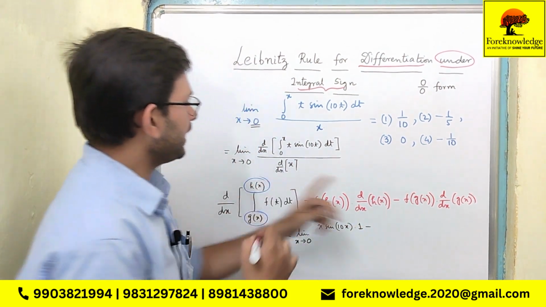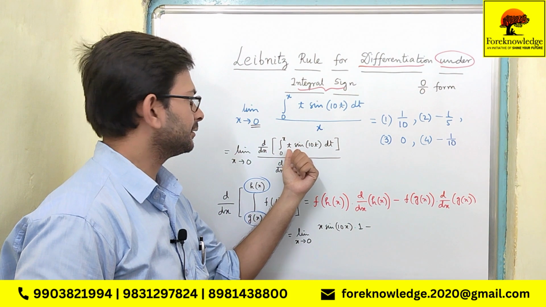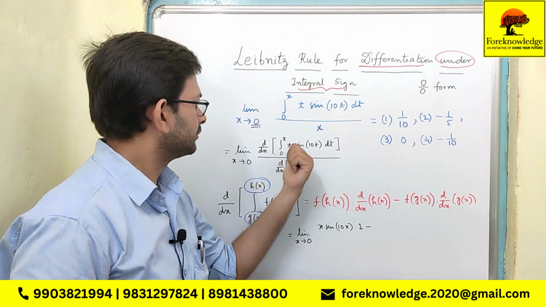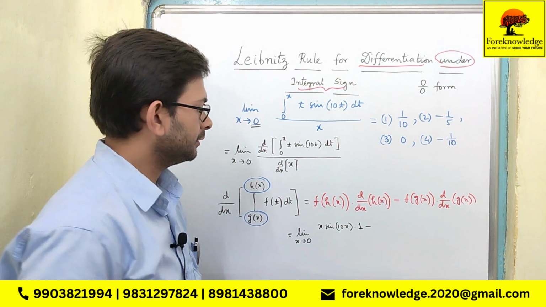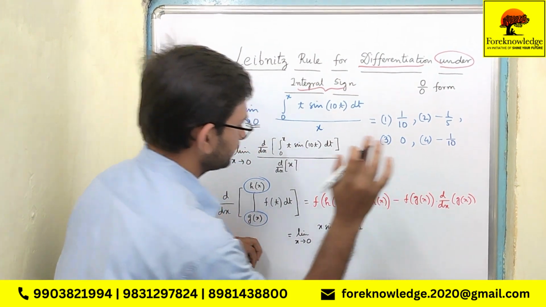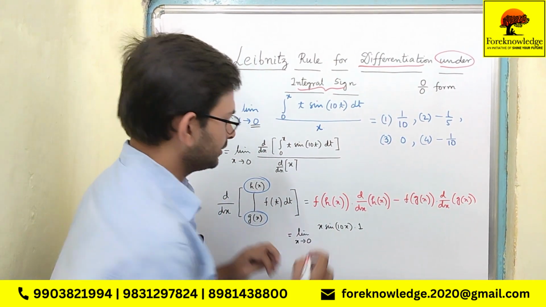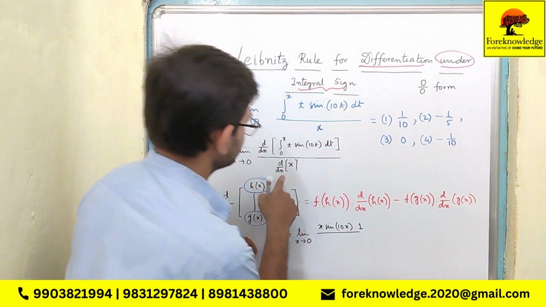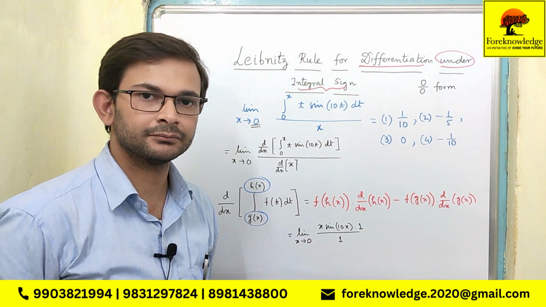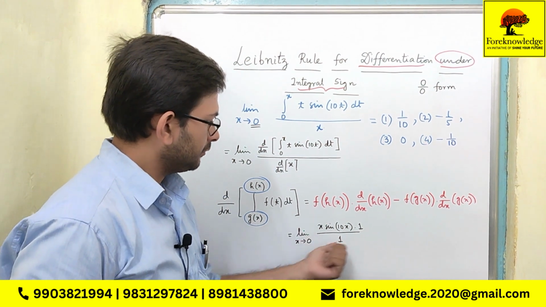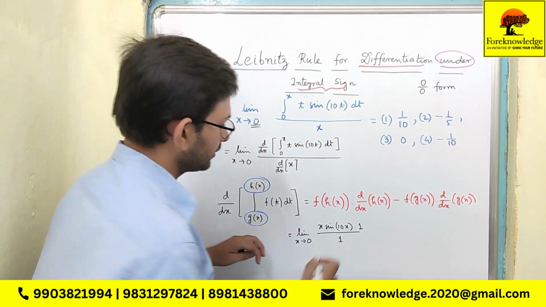Minus f of lower limit, that means 0 into sin 0, that means 0. So there is no lower limit part. So x sin 10x whole divided by, what is this? This is 1. Fine. So now the part is clear.